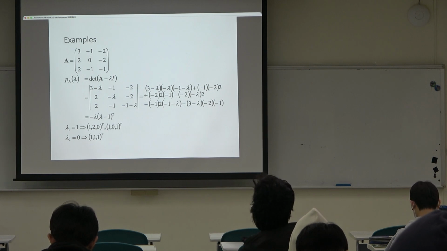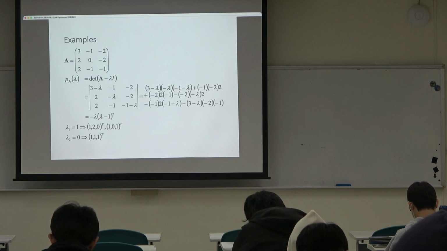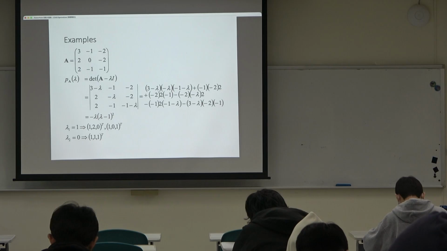But in this example, you could say this is a simple example because all the eigenvalues are real. And the third one is that when we say eigenvalue and eigenvector, be careful. An eigenvector cannot be 0, but an eigenvalue could be 0.